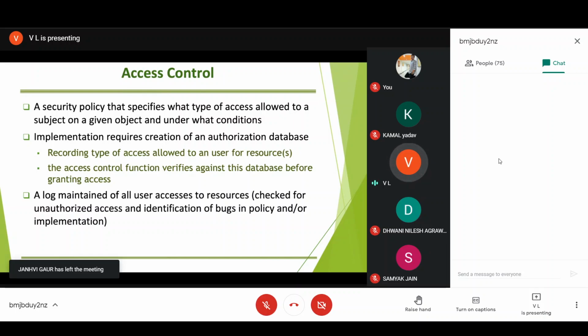So the operating system needs to create a database. This database will consist of subjects, objects, and the access allowed to each subject on a given object. The way this database is implemented will vary from operating system to operating system.